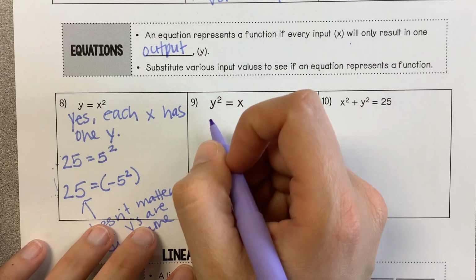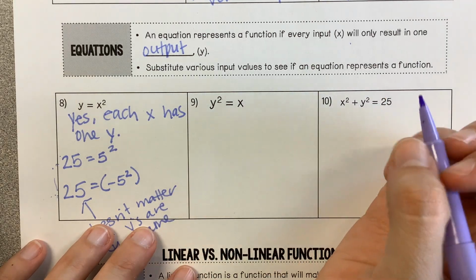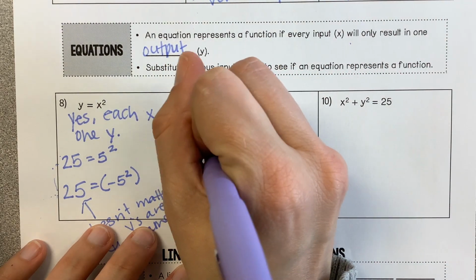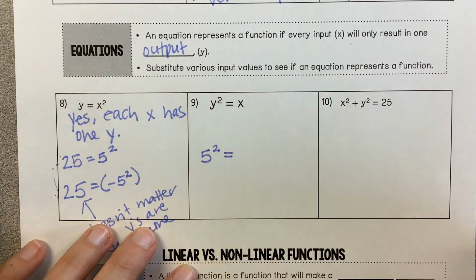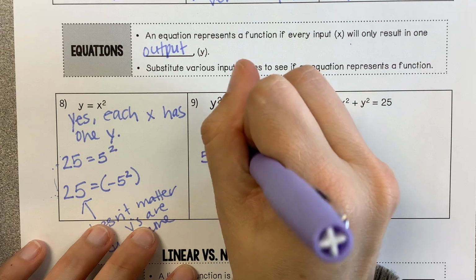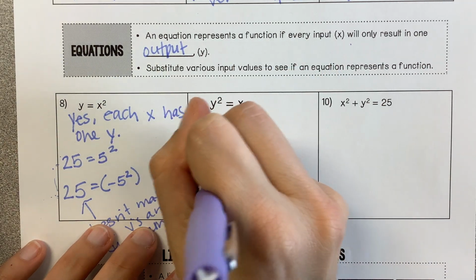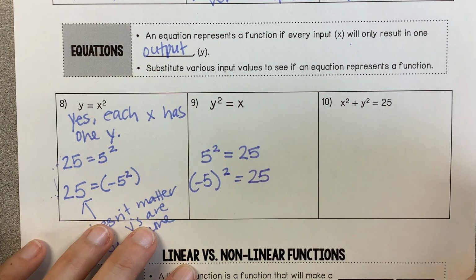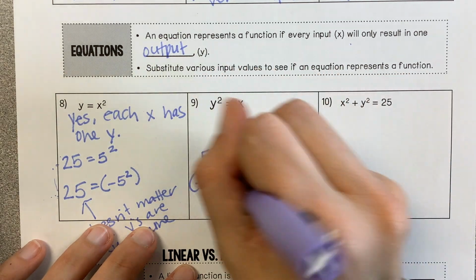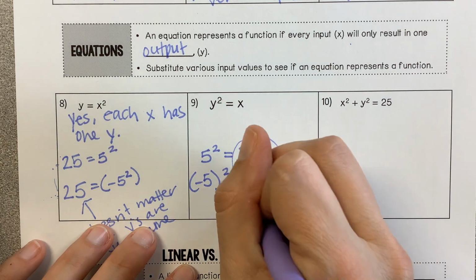For 9, we've got y squared equals x. So let's think of this as the reverse. We're squaring y. So we have 5 squared, using the same example, just flipped around, would give us an x value of 25. And we also have -5 squared, which would give us an x value of 25. So these x values are the same.